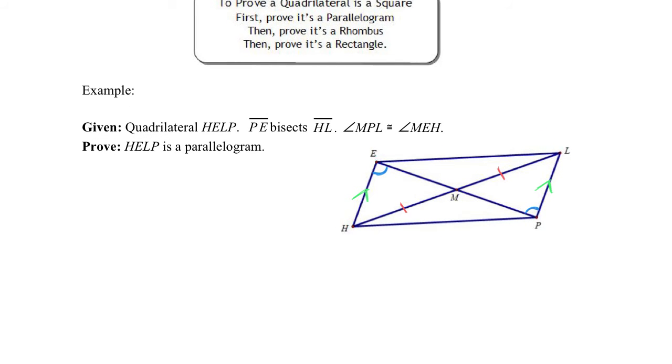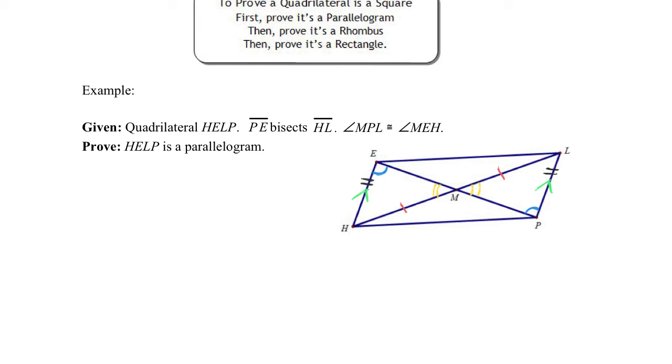Okay, well, let's take a look here. Since I've got vertical angles right here, I can prove that this triangle is congruent to this one. So that would be HEM congruent to PLM. I can prove that this triangle is congruent to this one by angle, angle, side, which then tells me by CPCTC that HE is also congruent to LP, because this triangle is congruent to that one.